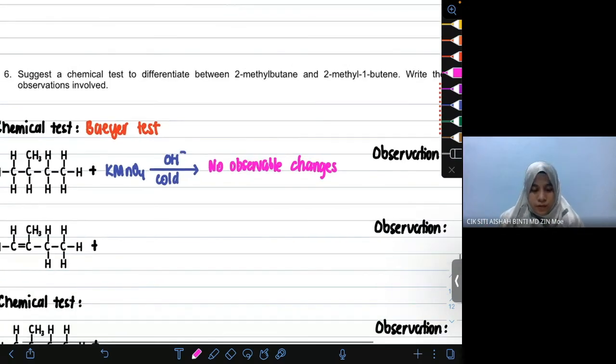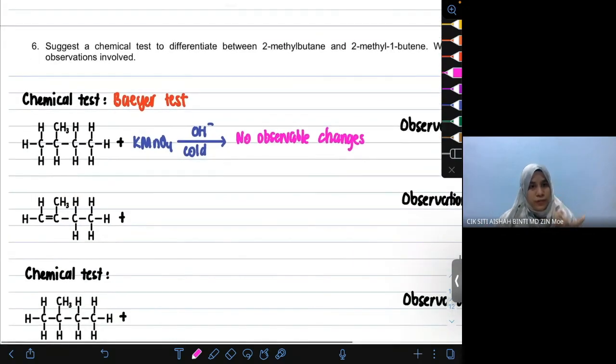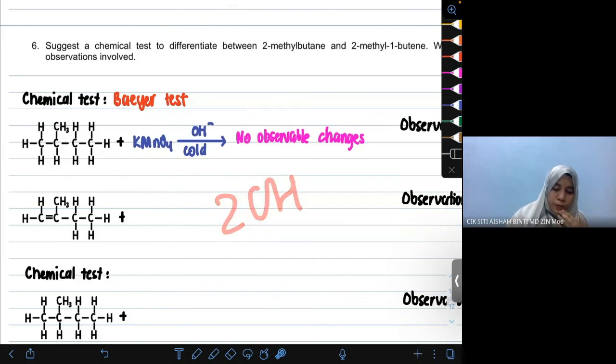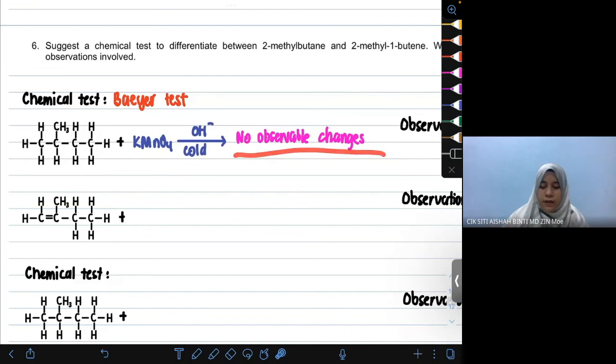Okay. So even though it's an equation for the alkane, when we add the Bayer test, we're going to add a diol, 2 of our OH groups. But we can't do it. So this reaction cannot occur. But we cannot write no reaction. We have to write down no observable changes. We cannot just leave it empty.